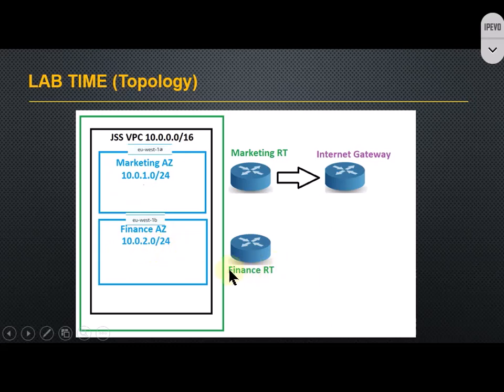And finance will have a different routing table, and marketing will have a different routing table. But let's say marketing always wants to reach the internet, so we are going to connect the marketing availability zone with the internet gateway. So this is going to be our lab objective. This I'm also going to explain in the lab as well. So I'm going to end this session here, and I will see you in the lab.